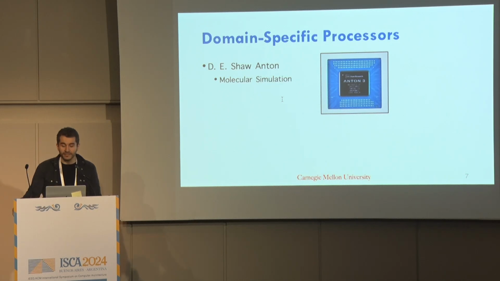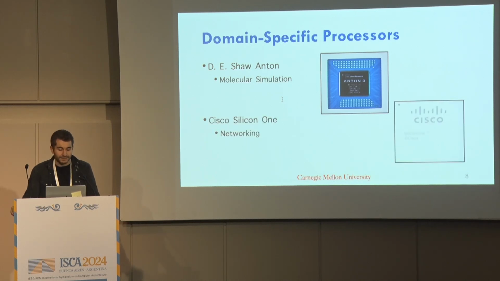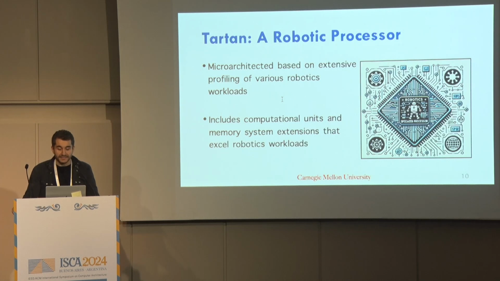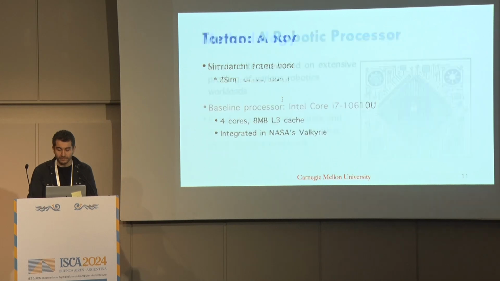Examples of these domain-specific processors are the Anton processor, which is used for molecular dynamics simulation, Cisco's Silicon One, specialized for networking, and so many other examples. Tartan is a processor whose architecture is specialized for robotics workloads, and it includes both computational units and memory extensions to excel at robotic workloads.